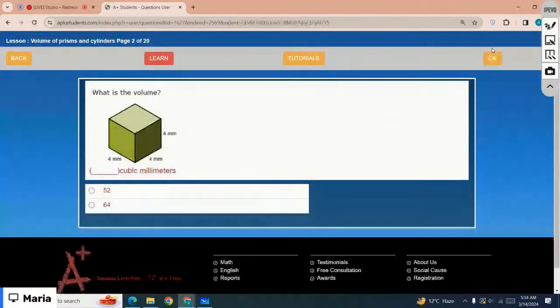Okay, the next one is, you are given a cube, you have to calculate the surface area of the cube.